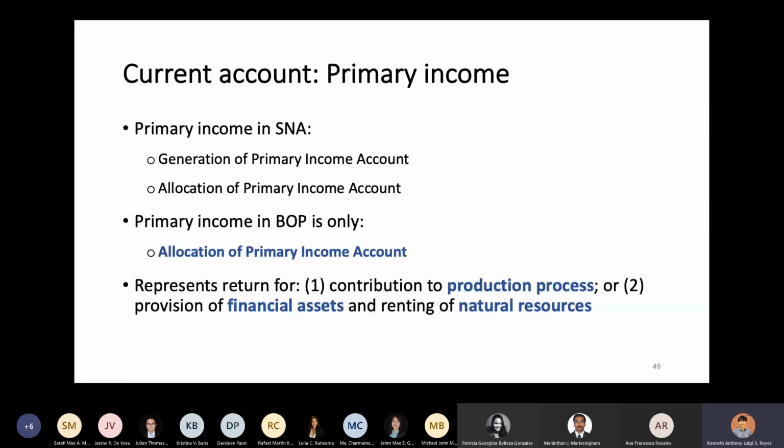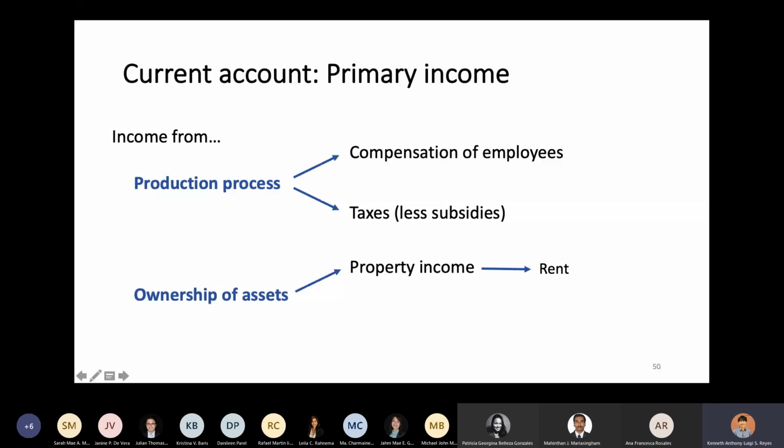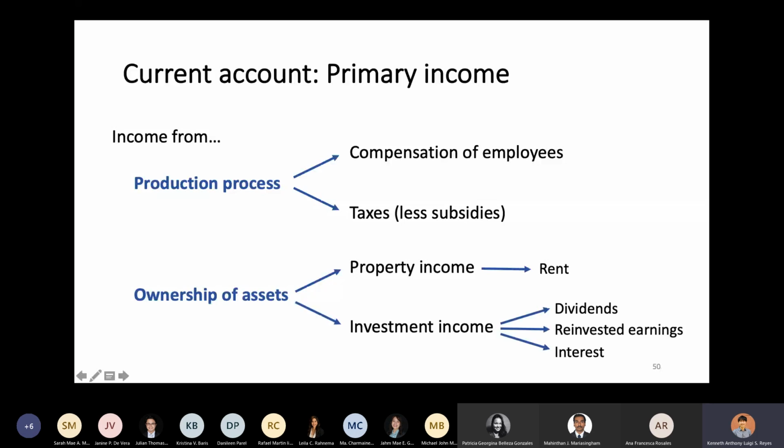For contributing to the production process, you can either be compensated by wage or, rather, you have to pay taxes on production. Whereas if you contribute by providing assets, then you can either generate property income in the form of rent, or you can generate investment income in the form of either dividends, reinvested earnings, or interest.